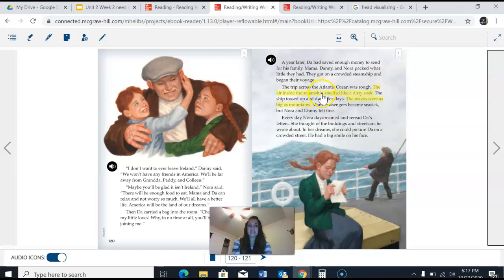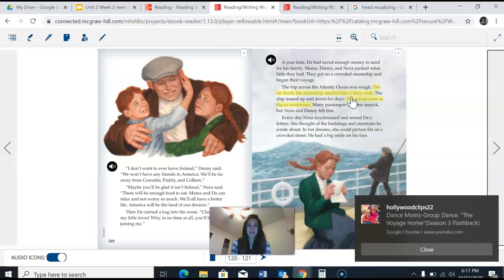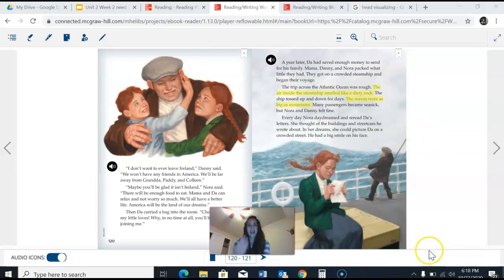So the smell of a steamship and a dirty sack makes me have a picture in my head and a feeling in my stomach like I want to gag. Because I now know how bad the steamship probably smells. Let's read on to that next simile that's highlighted. The ship tossed up and down for days. The waves were as big as mountains.